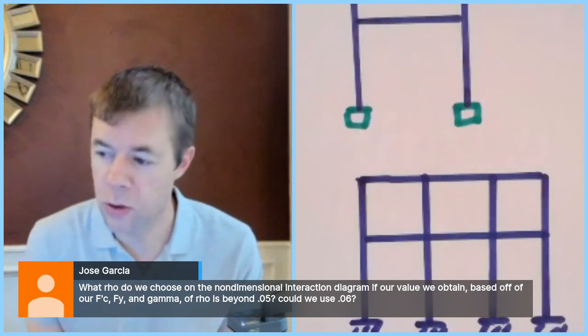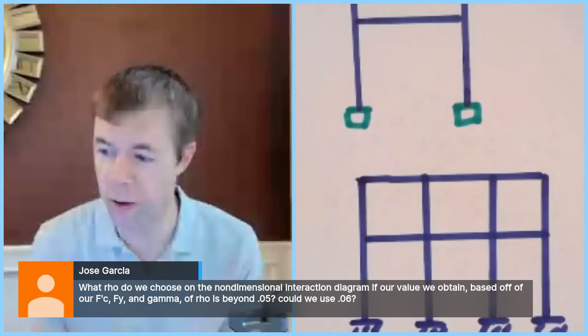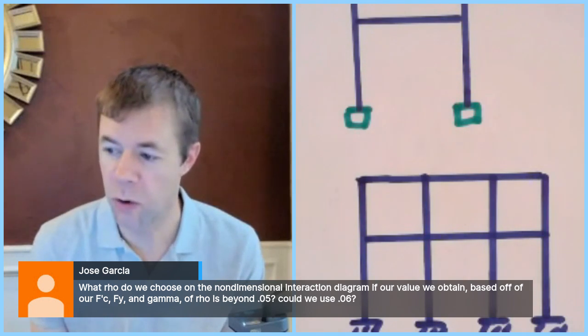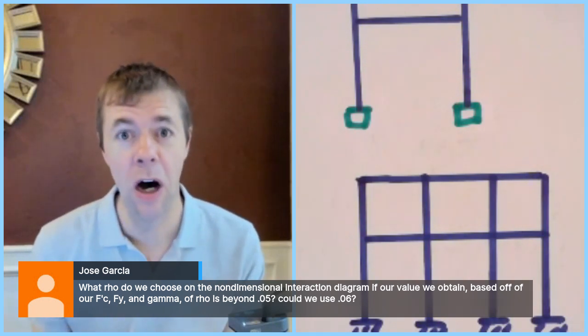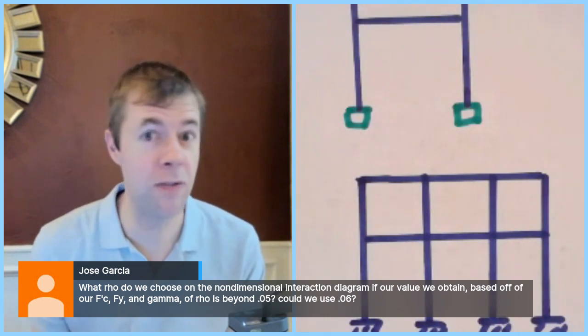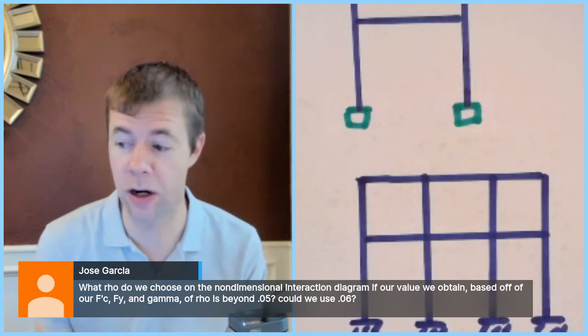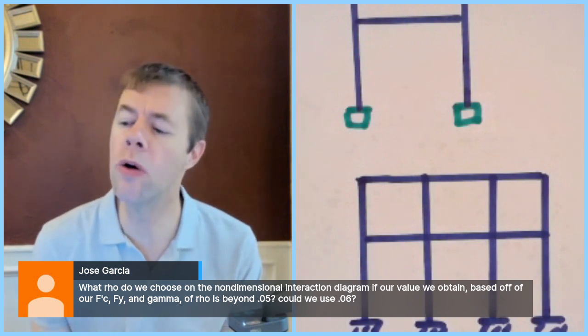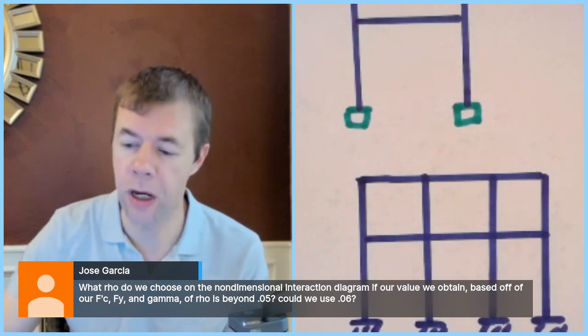Do we choose on the non-dimensional interaction diagram if the value we obtain based off f'c, fy, and gamma is beyond 0.05? I think you've got a mistake. Reach out to me if you can't find it, but I think you've got a mistake because they all should be on there. No, I understand what your question is. Now you're saying that, awesome.